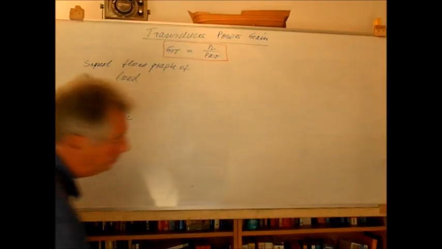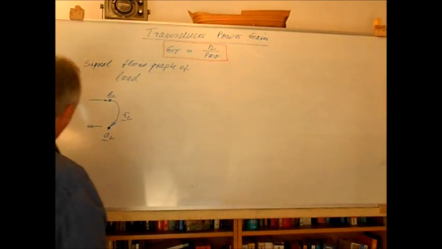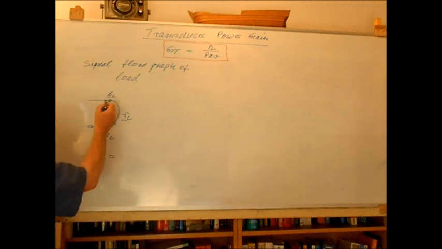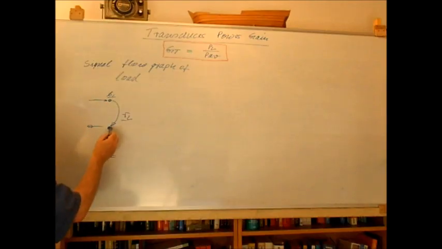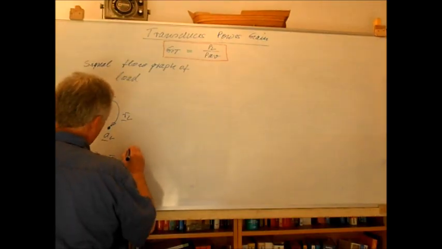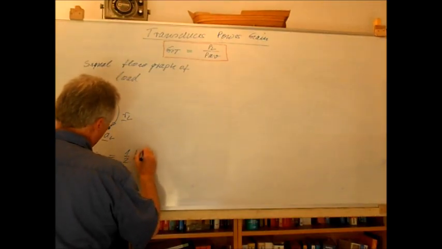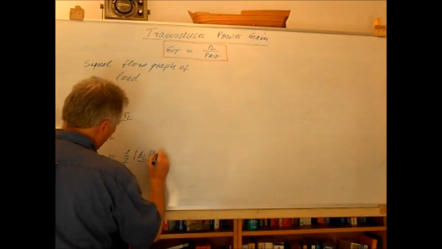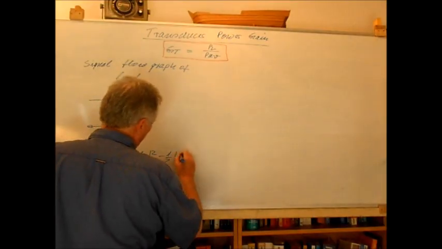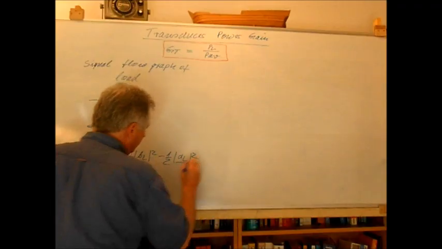So now I want to discuss the power which will enter the load. Of course, we can again say that the power here into the load, I have here the wave amplitude BL which enters the load, and then AL which is reflected back by the load. So we will get 1/2 BL absolute value square minus 1/2 AL absolute value square.